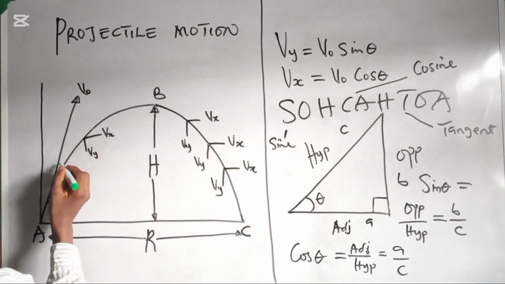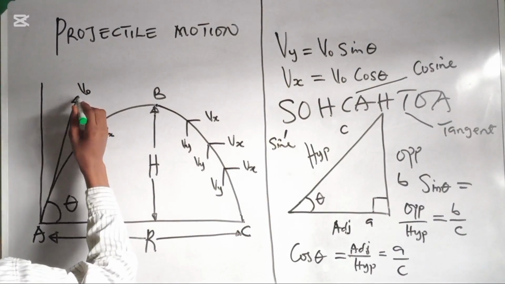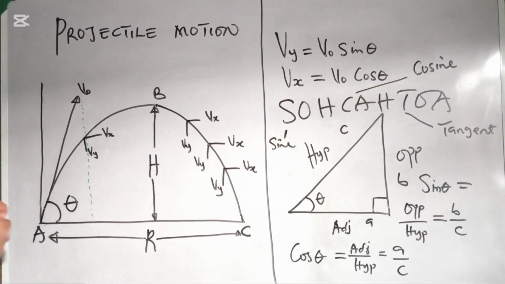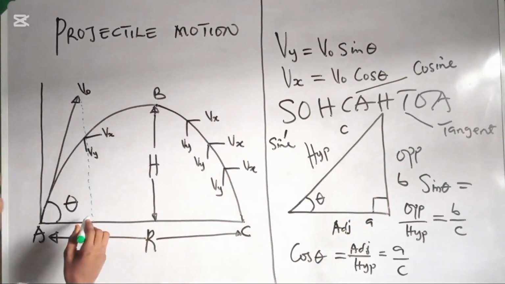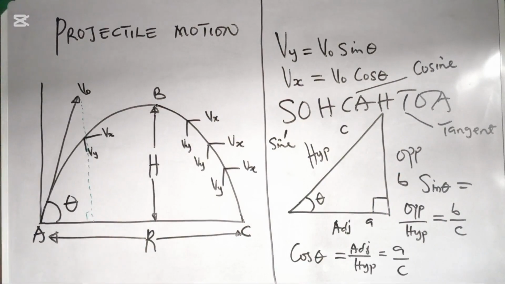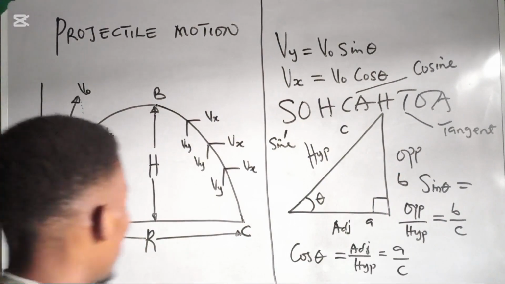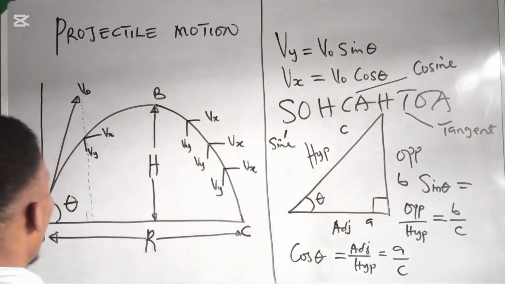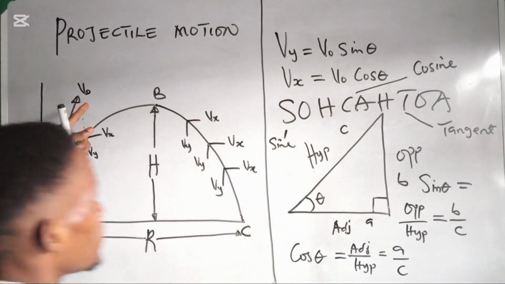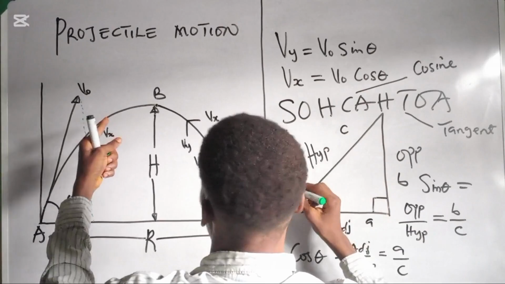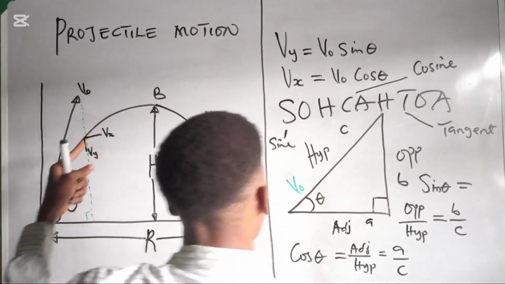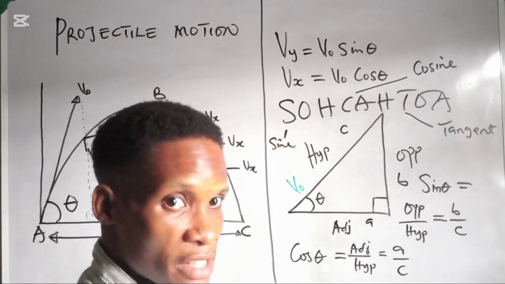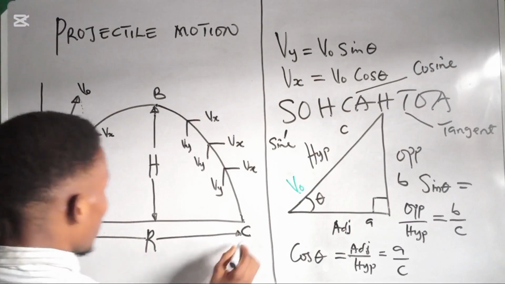Based on this diagram, if you trace down here, it will form this shape, where this will be an angle of 90 degrees. This particular line represents what we call V naught. This part here is Vx.